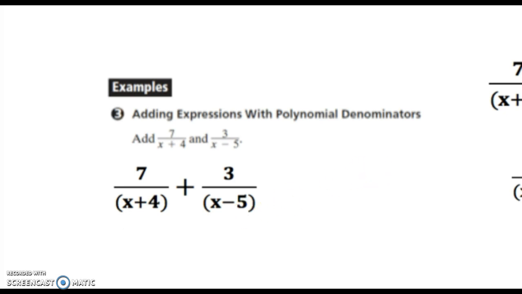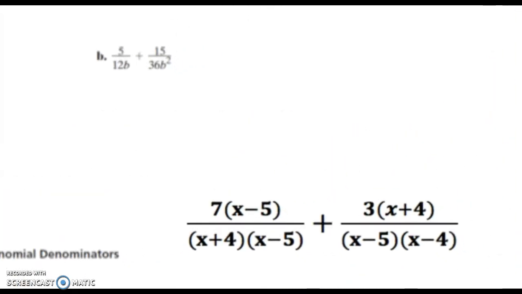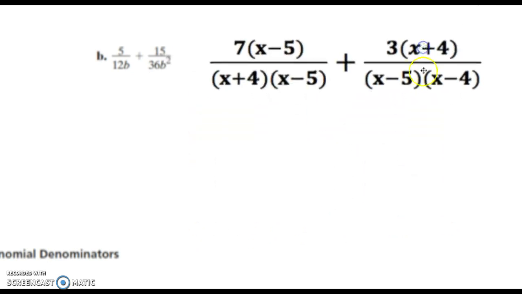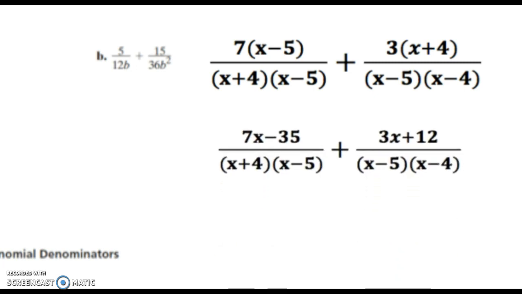So if I multiply my first fraction by the x minus 5 over x minus 5, and my second fraction by x plus 4 over, oops, that should be a plus 4 there in the denominator, we end up getting 7x minus 35 plus 3x plus 12, and then our denominators, notice how our denominators are like.